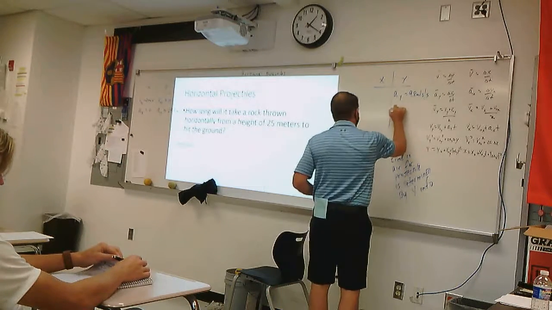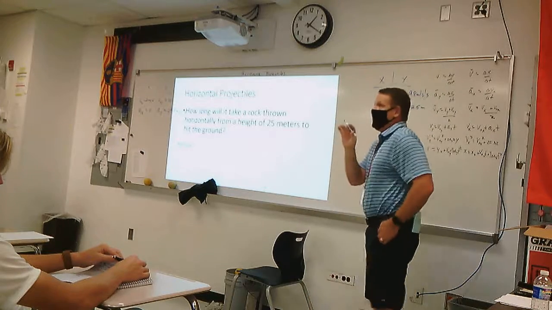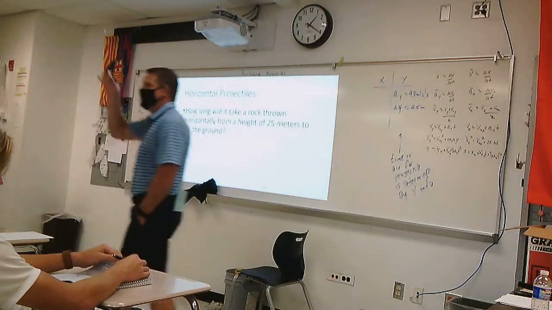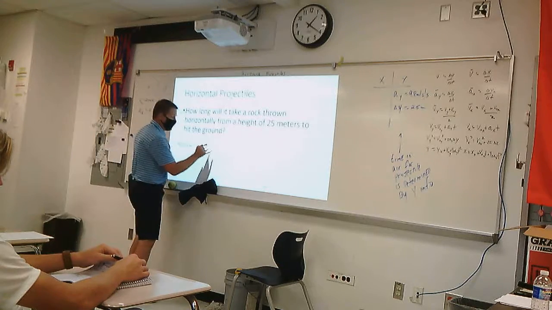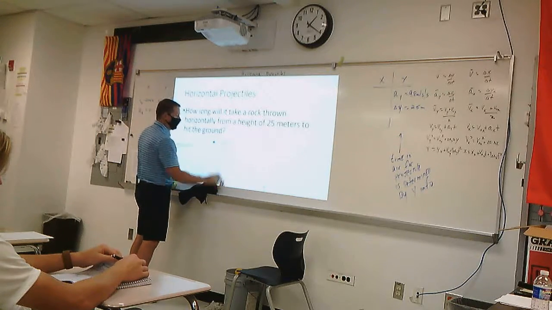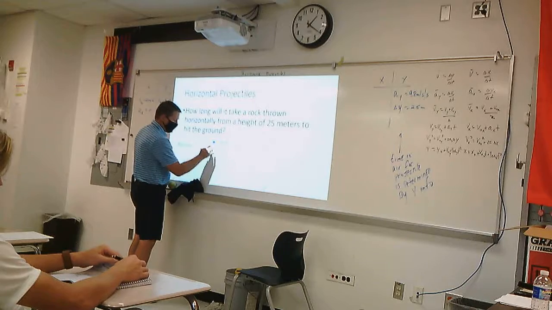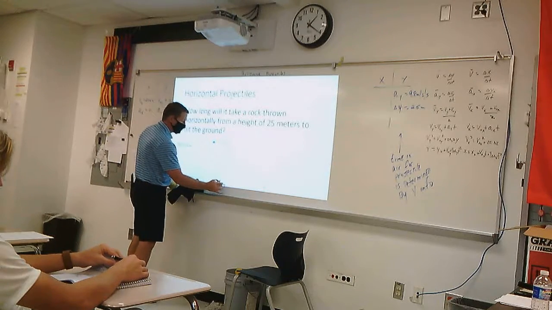Delta Y is 25 meters. So if she were making a number line vertically, she'd be saying that up here, before it's dropped, is Y equals 0. And down here, at the bottom, is Y equals 25.